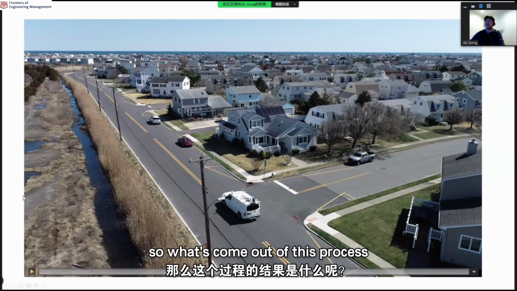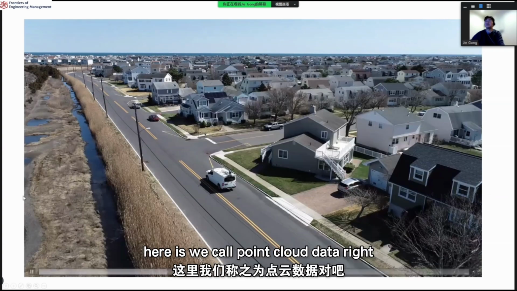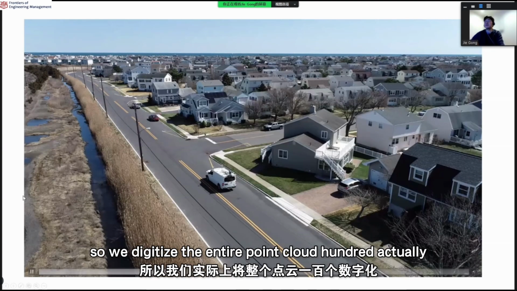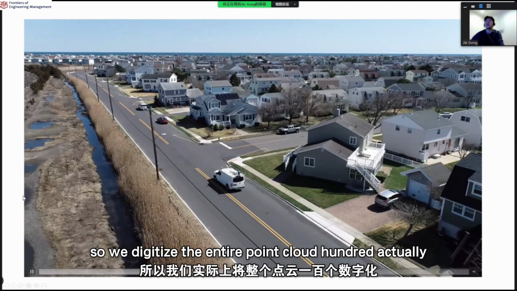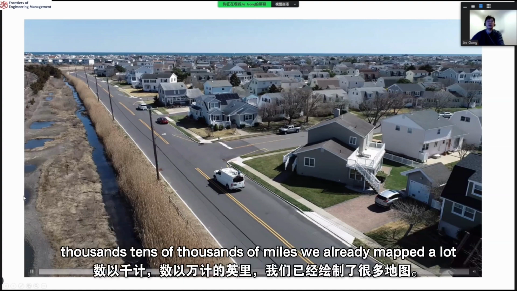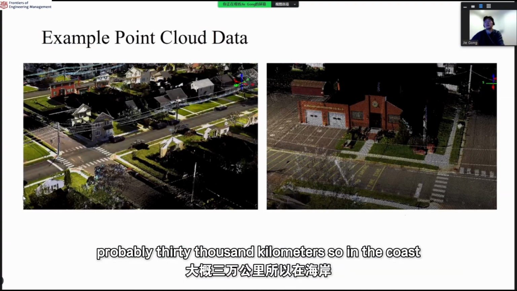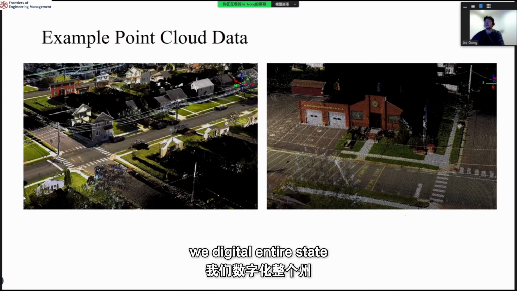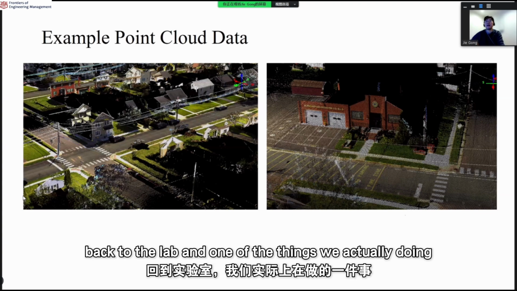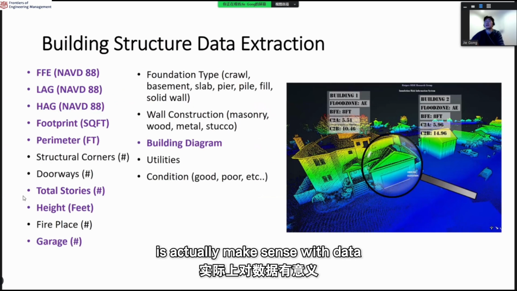So what comes out of this process is what we call point cloud data, right? So we digitize the entire point cloud, thousands, 10,000 miles. We have already mapped probably 30,000 kilometers. So in the coast, we digitize the entire state and bring this data set back to the lab. One of the things we are doing is making sense of this data.